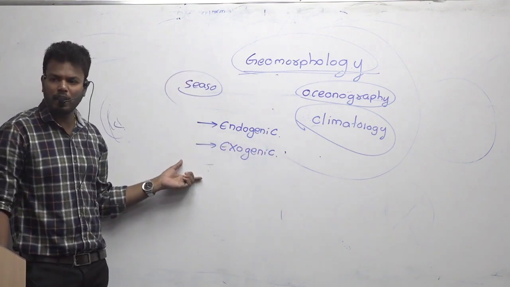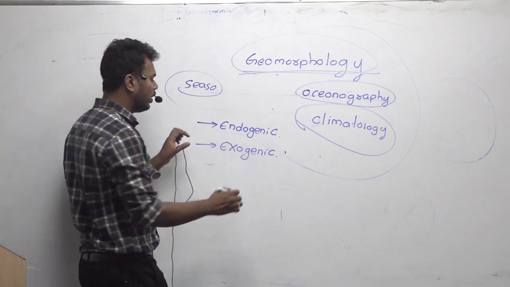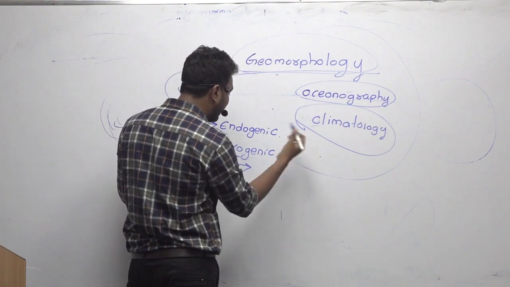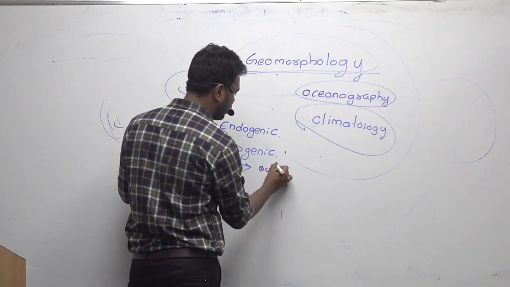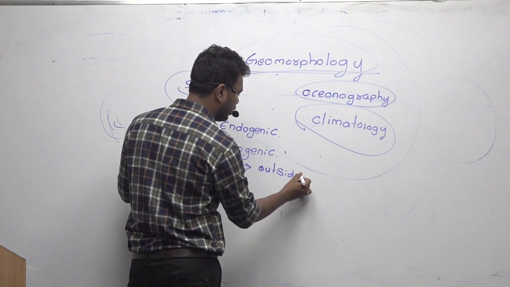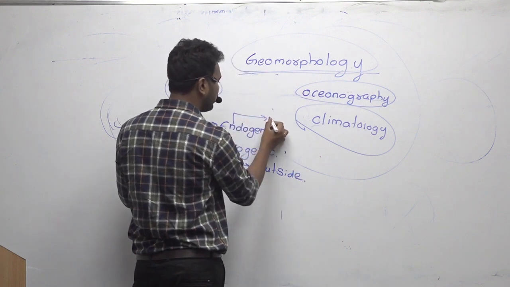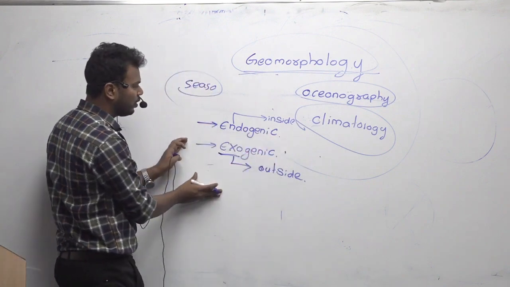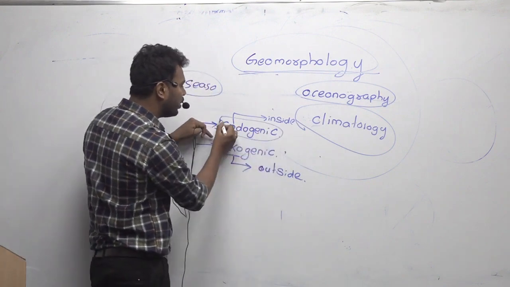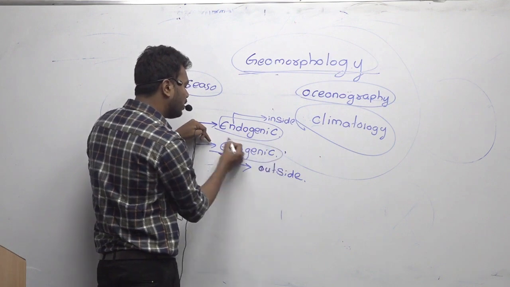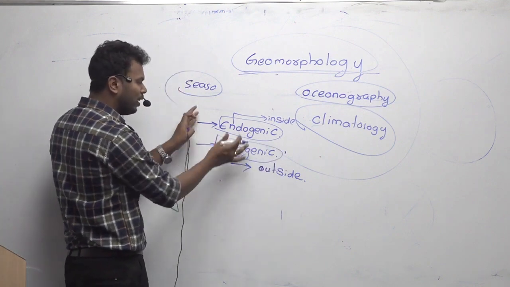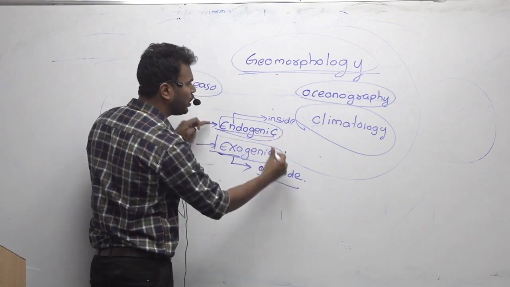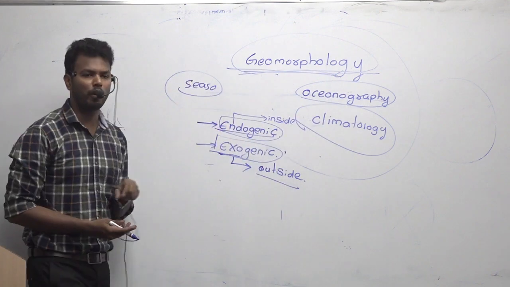Exo means external, that means outside. Endo means inside. So there are changes happening within the earth's surface and changes happening outside the earth's surface. The combination of these two, inside forces and outside forces, is called geomorphology.